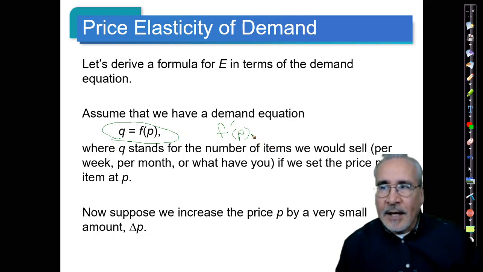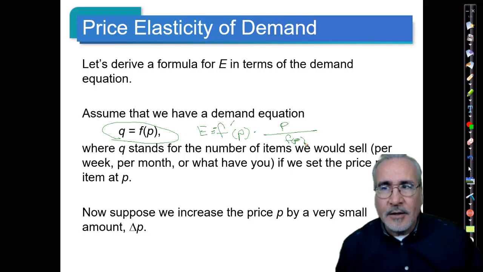I'll give you a preview: the elasticity equation is actually going to be minus the derivative multiplied by the variable p, which is the price, divided by the whole demand function, f of p.